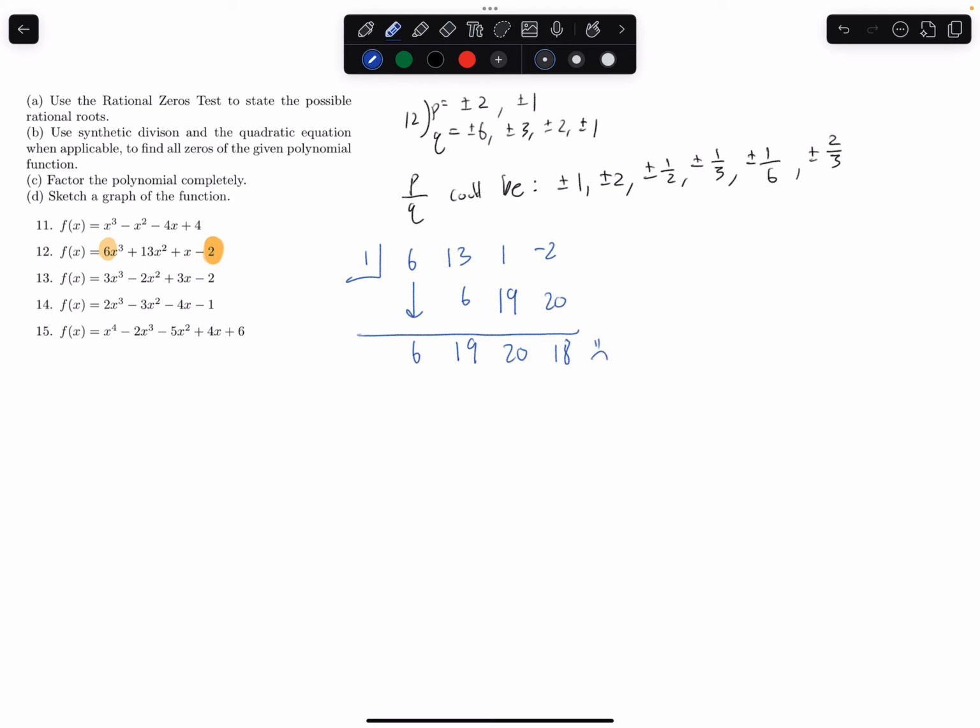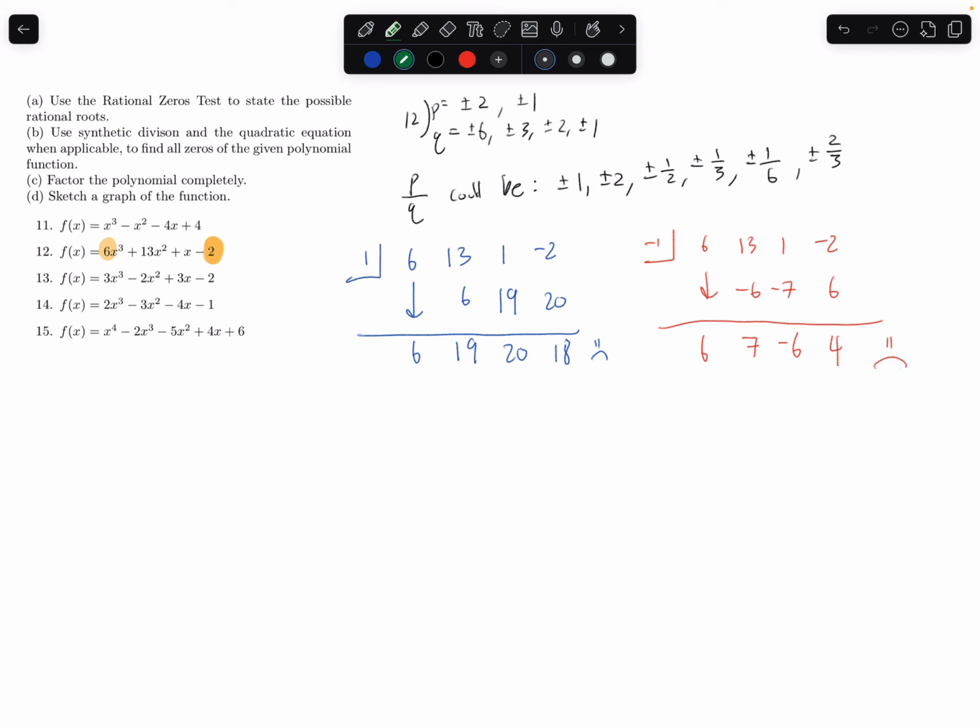Try -1 next. 6, 13, 1, -2. Bring the 6 down first. 6 times -1 is -6. -6 plus 13 is 7. 7 times -1 is -7. -7 plus 1 is -6. -6 times -1 is +6. So +6 plus -2 is 4, so also not equal to 0.